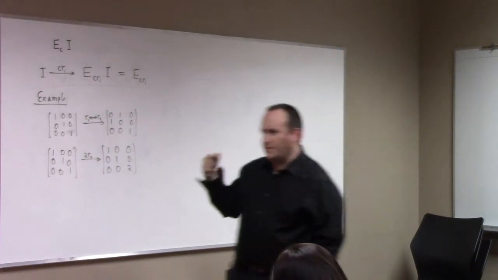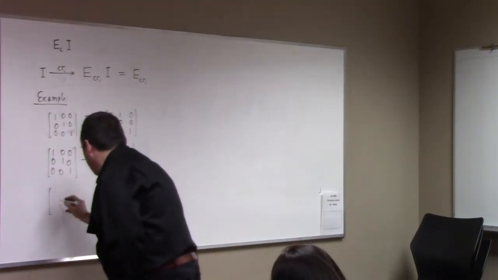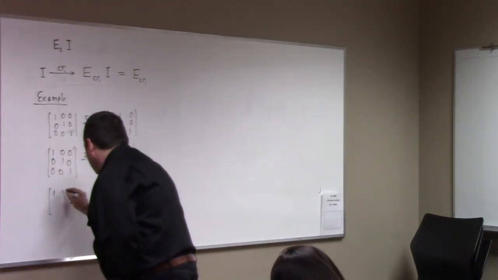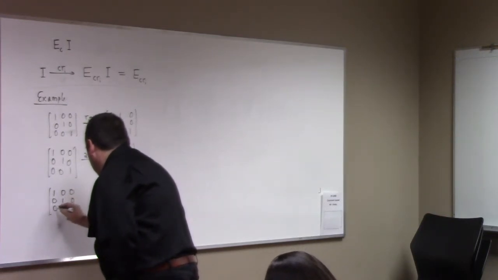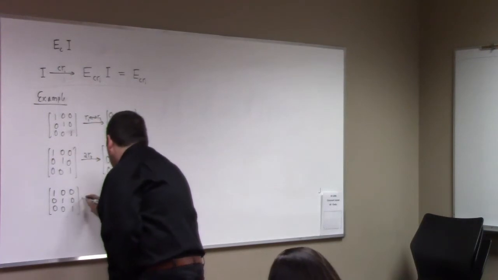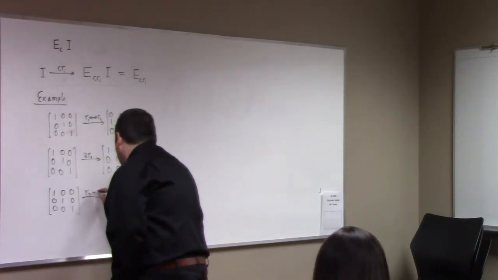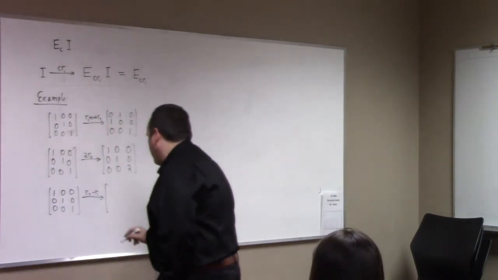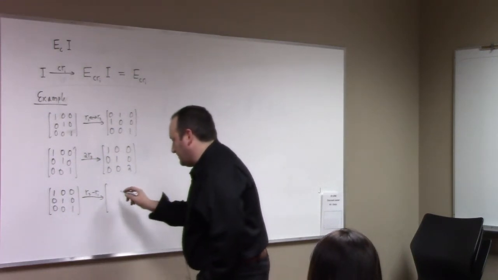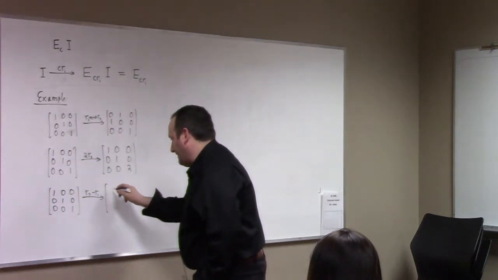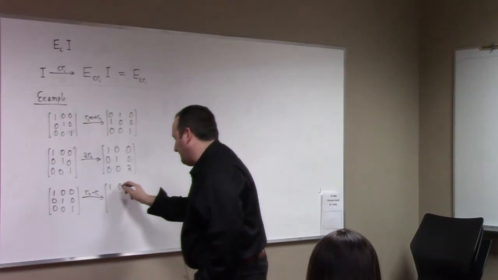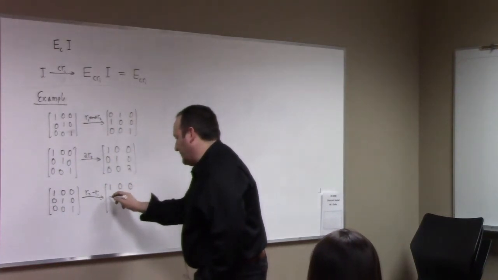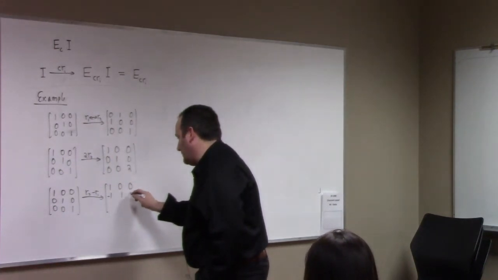The other thing I haven't shown you, but we should see how it works, is something like, we do mostly these type 3 things, don't we? Something like row 2 minus row 1. What would row 2 minus row 1 look like? So we'd have minus 1, 1, 0.